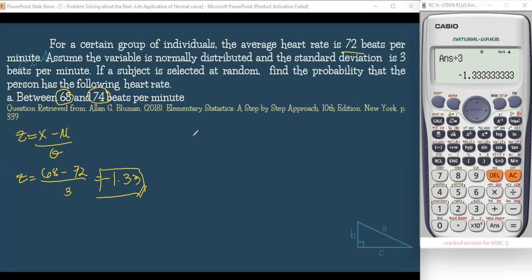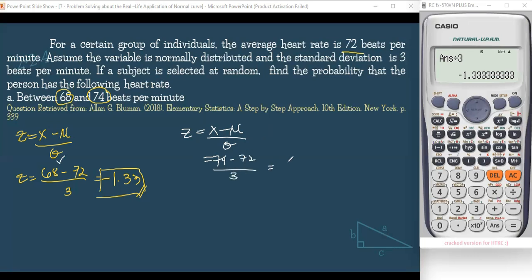So for 74 this time, we use again the standardization formula or the z-score formula, which is z is equal to x minus the population mean all over the population standard deviation, which is also equal to, this time, we move from 68 to 74, minus 72 all over 3.